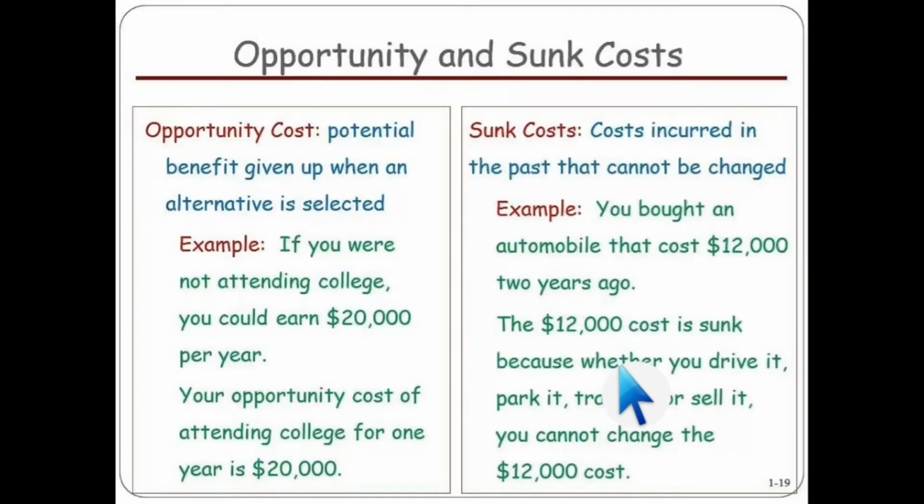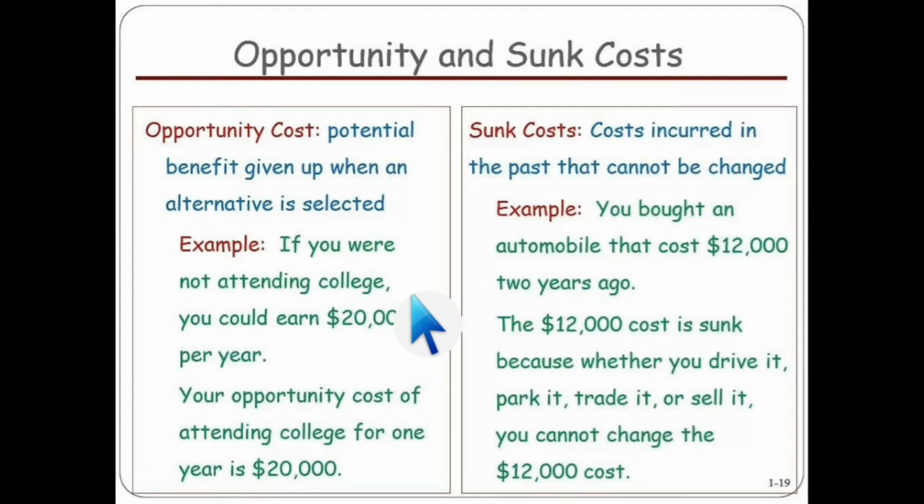Okay, see, so this is the major difference between opportunity and sunk cost. We can see the example. If you were not attending college, you could earn $20,000 per year. Your opportunity cost of attending college for 1 year is $20,000, because if you had not attended college, you could have gone for a job and earned $20,000 per year.